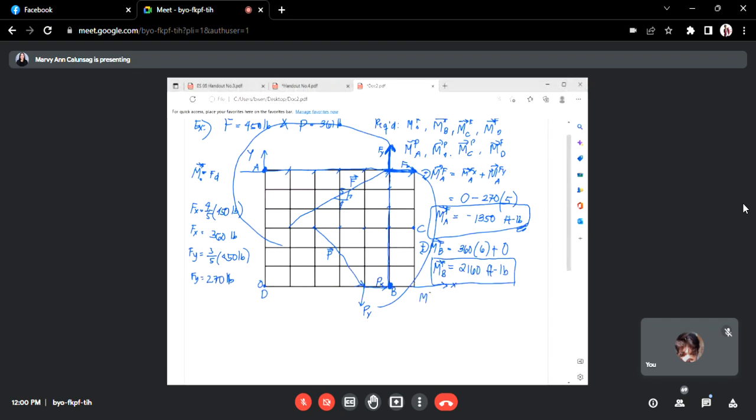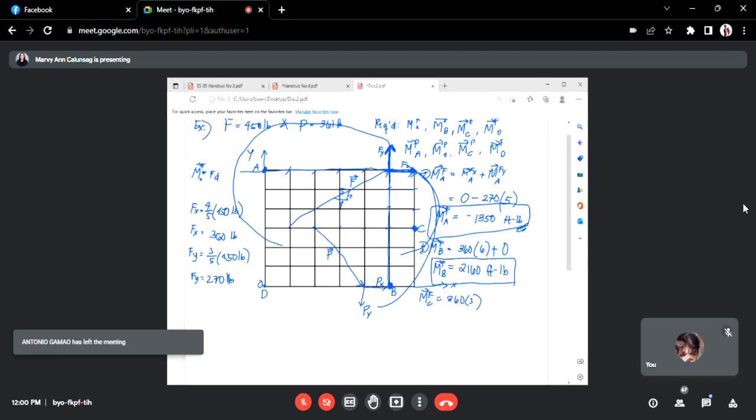Now the moment of F again, about point C. Here is point C. Our Fx is 360, and its rotation is clockwise again. So positive, 3 times 3.